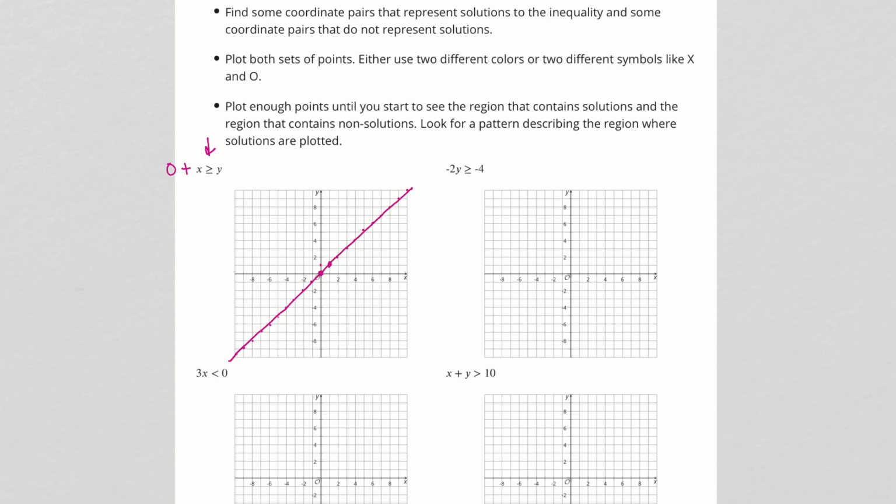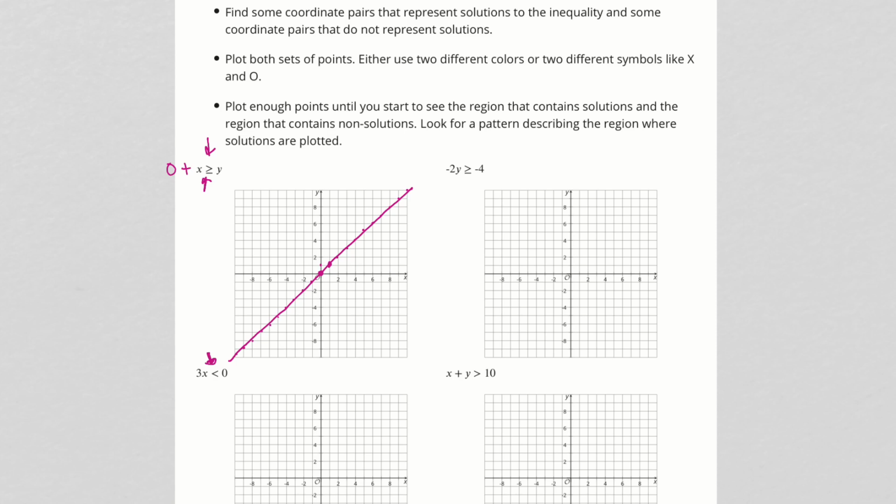Okay, I know that my line needs to be solid because this is an equal to sign. When we go down to do one of these ones, it's going to be a dotted line. So I may just leave it like I just did. Now we need to see, so when we have inequalities, all of the answers that could fulfill the inequality are either going to be above or below the line.